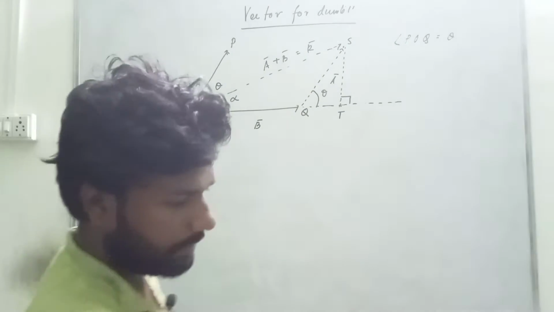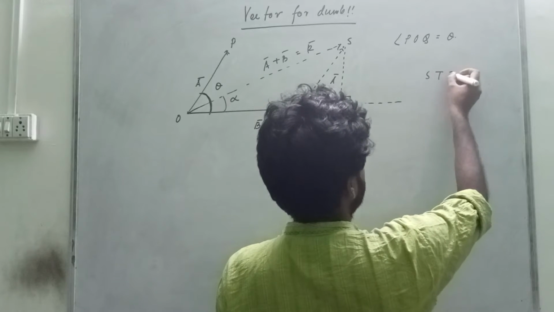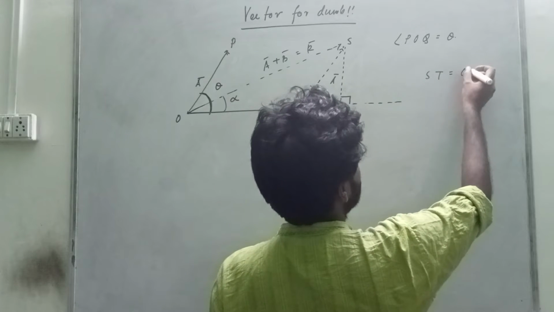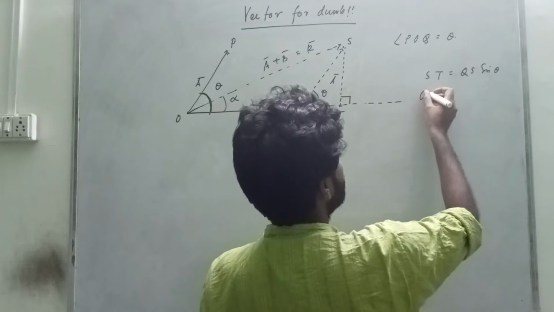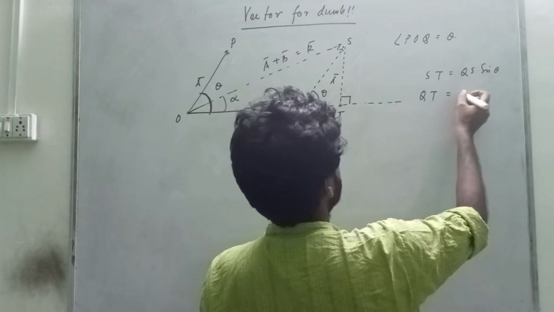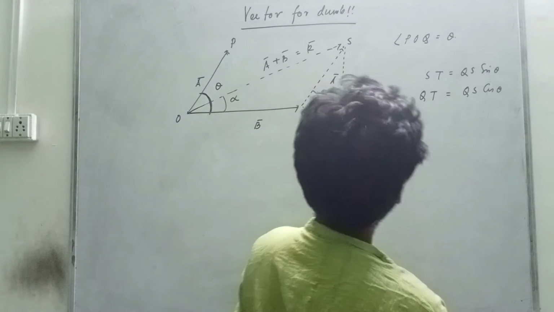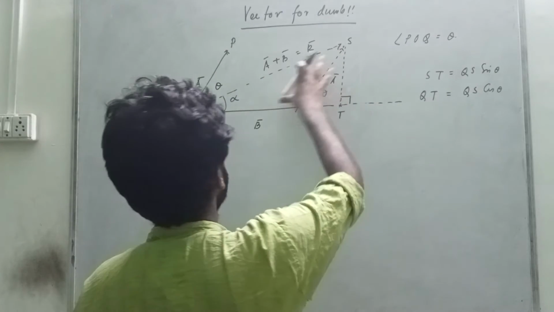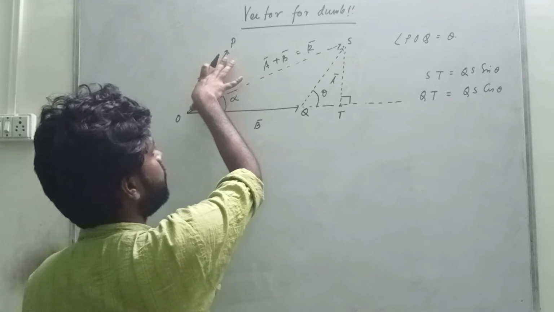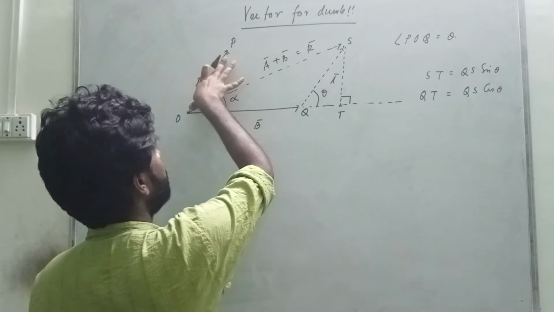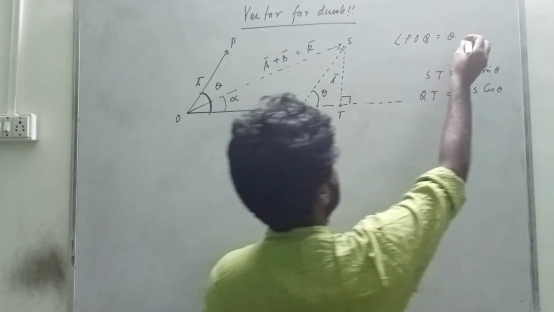And from our previous part, all of you know ST is actually QS sin theta, and QT is actually QS cos theta. And what is QS actually? QS means the same thing as OP, because I just transferred this vector parallel to itself, just the same length actually. So OP means QS, just the same.